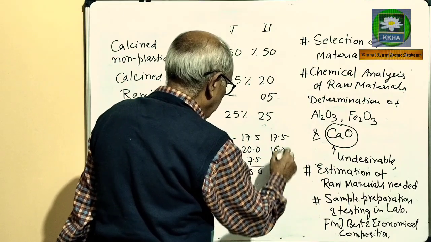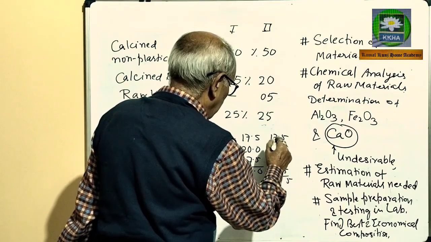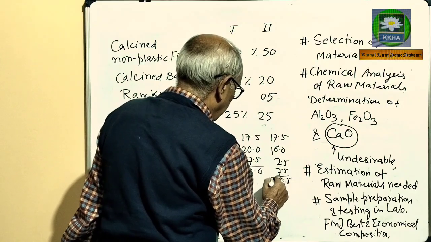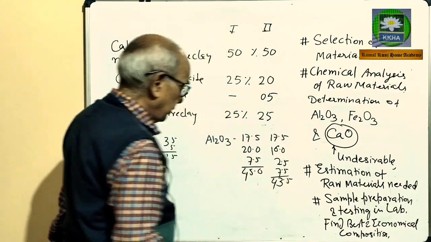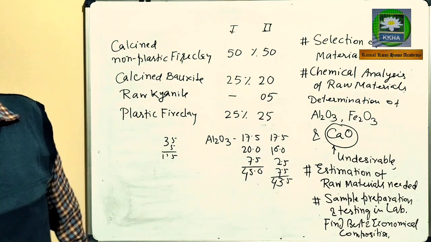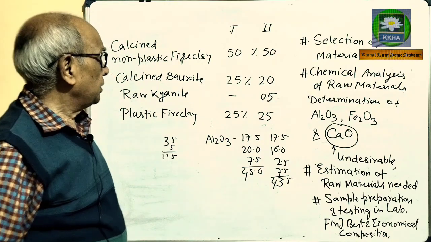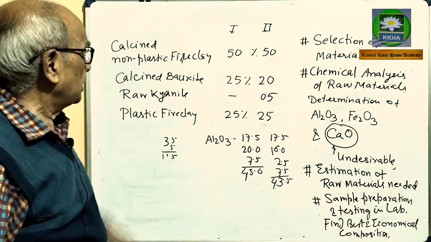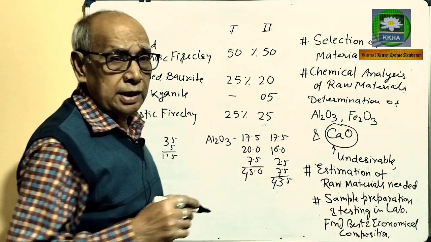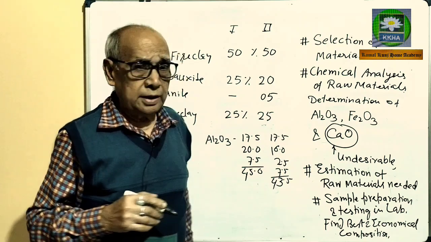It comes out to 43.5%. This is also okay. You need a minimum of 40%, and it is coming more than that. So you can try these two compositions. Similarly, you can calculate the raw materials required for high alumina bricks.